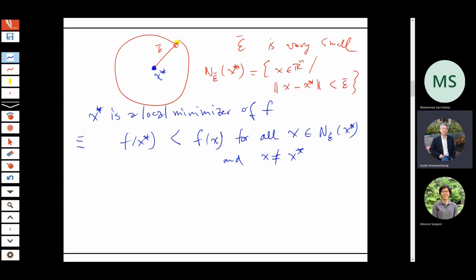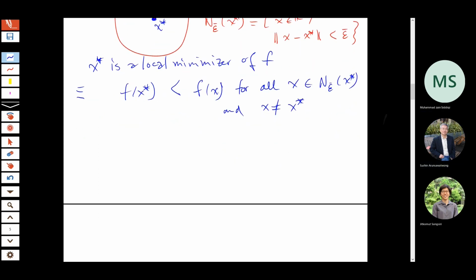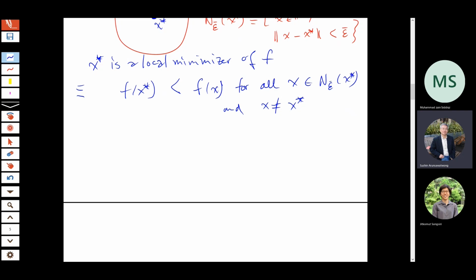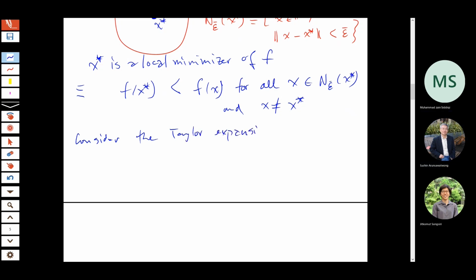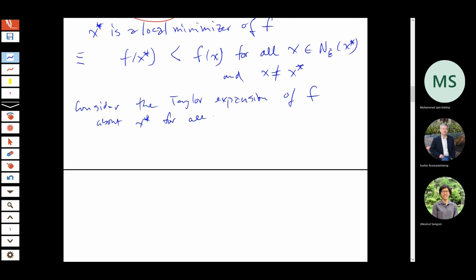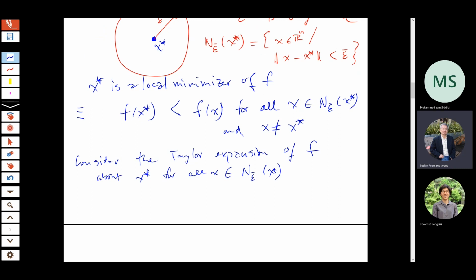Then what we do is look at the Taylor's expansion of f about x star, for all x in this neighborhood.